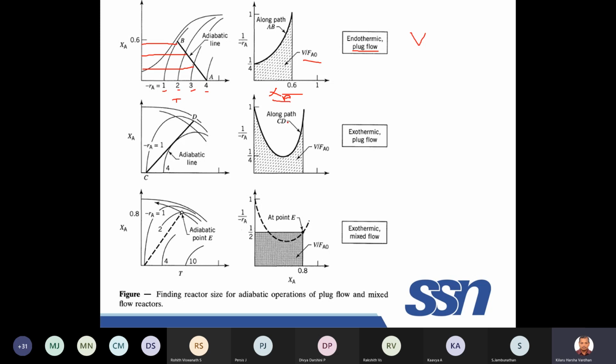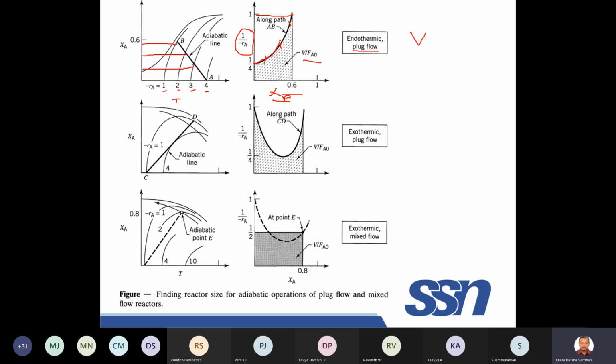You put that on the x-axis, and 1 by RA on the y-axis, because you are getting these RAs: 1 by 1 is 1, 1 by 2 is 0.5, 1 by 3 is 0.33, 1 by 4 is 0.25. Then you draw a line, and there will be a point here, a point here, and a point here.